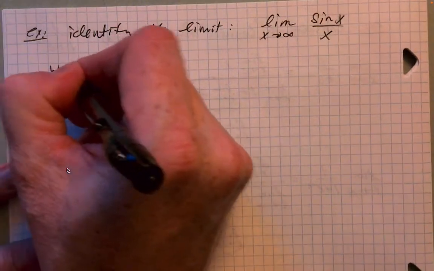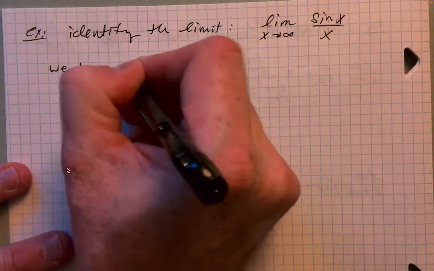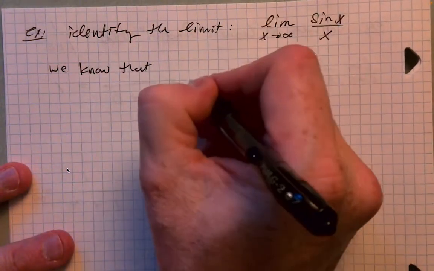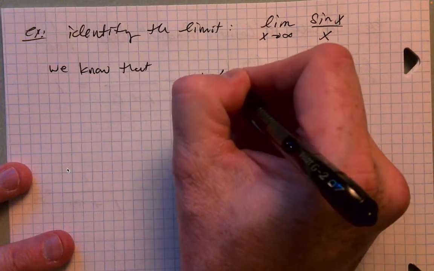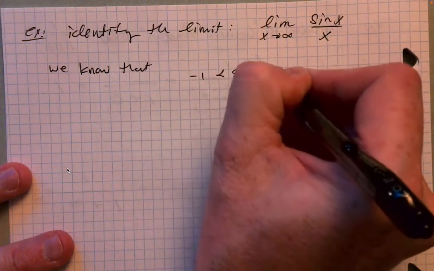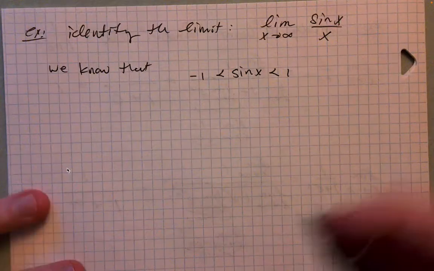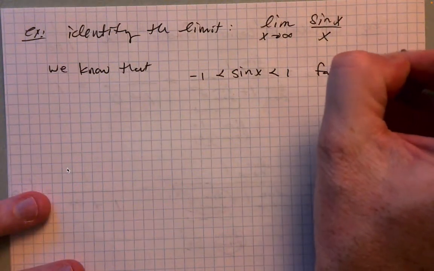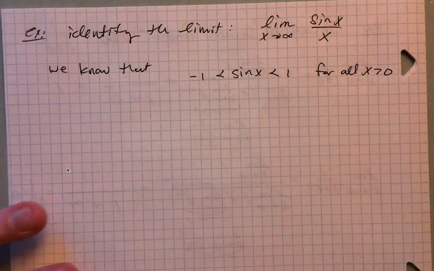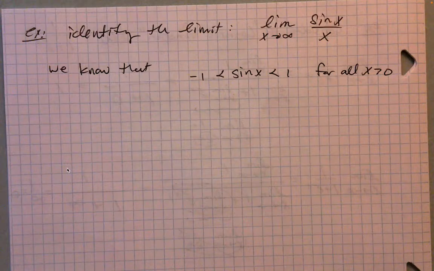So here's what we know. We know that -1 is less than sine of x, which is less than 1, right, for all x greater than 0, right? So we know that for all x to the right-hand side, this is true, right?